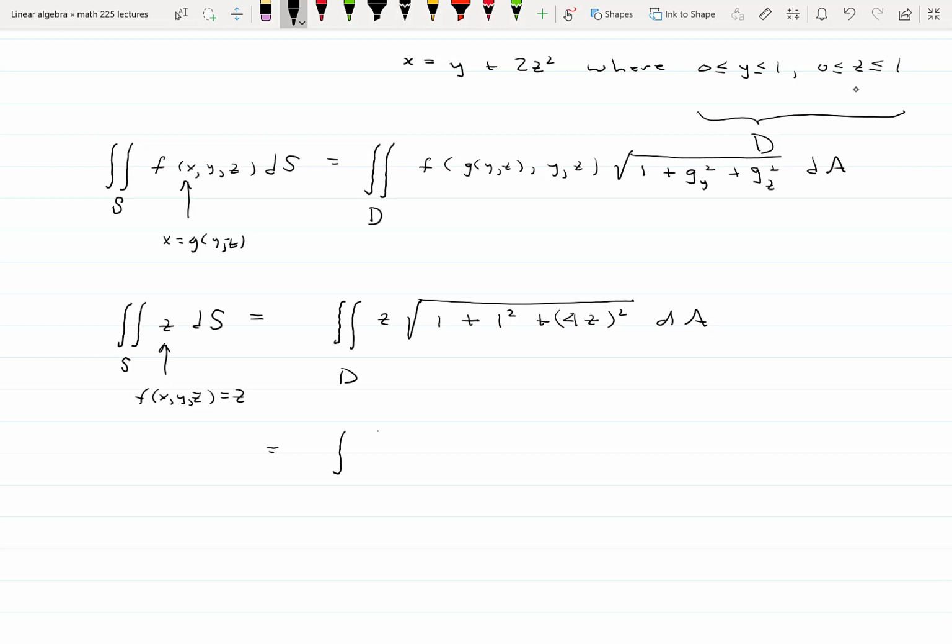So this is a simple iterated integral to set up. y and z both go from 0 to 1. And we are integrating z times the square root of 2 plus 16z squared.